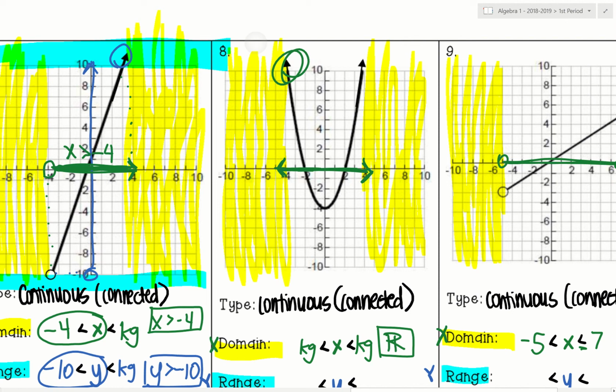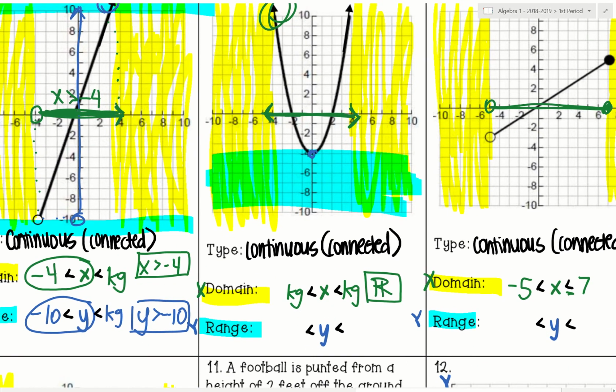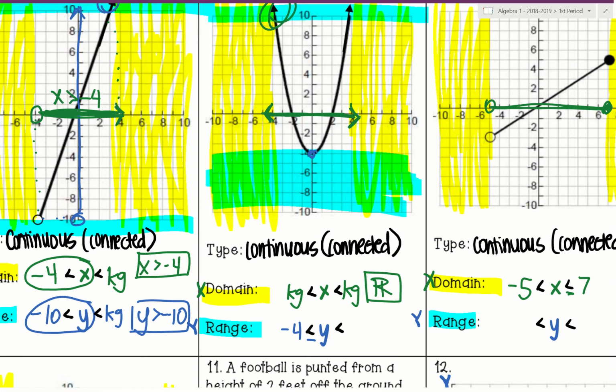Okay? Where do I start? Bottom. What do I hit? -4. Open or closed? It is closed. So what do I have to do with my sign? Close it up. Okay, then go to the top of your graph. What do you run into? Arrows. So what does that mean? It keeps going.